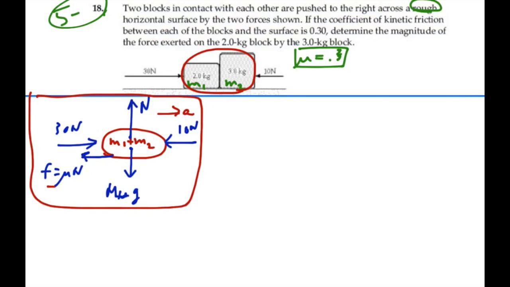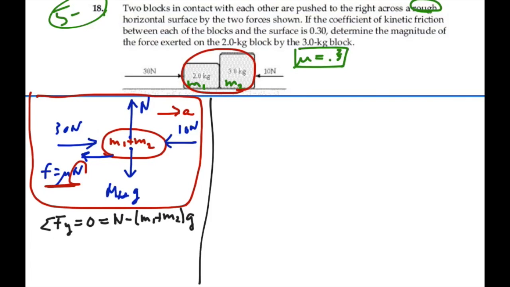Now we want to figure out this frictional force, and to find that we need to find this normal force. So let's look first at the vertical direction. The summation of all the forces in the y direction is equal to 0 because there's no acceleration in that direction, and that is equal to the normal force minus the total weight, m1 plus m2 times g.